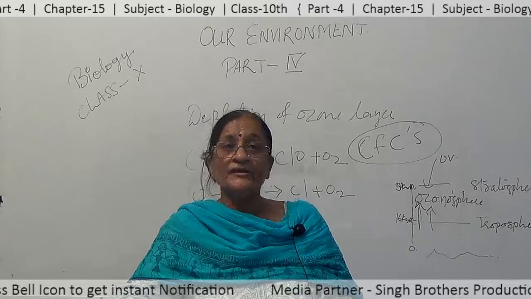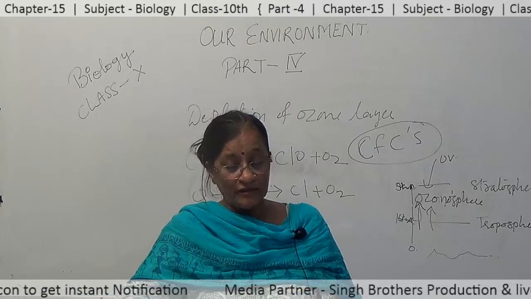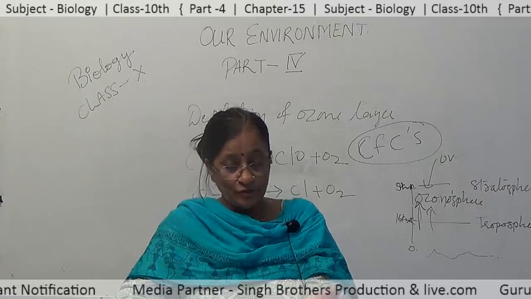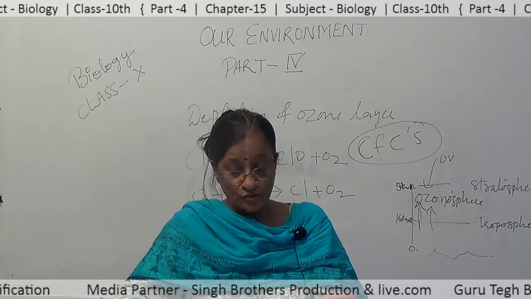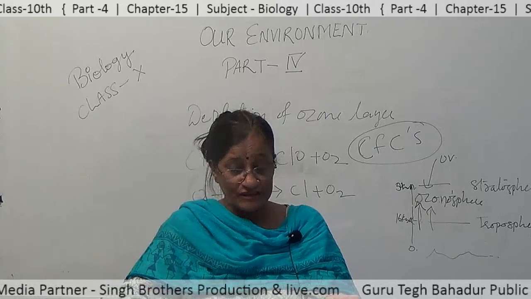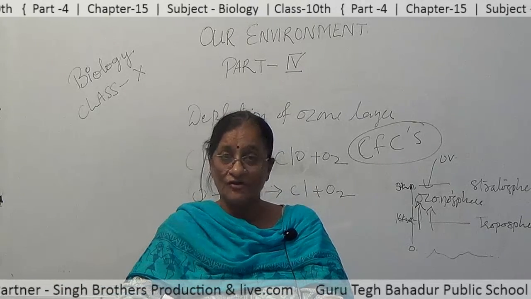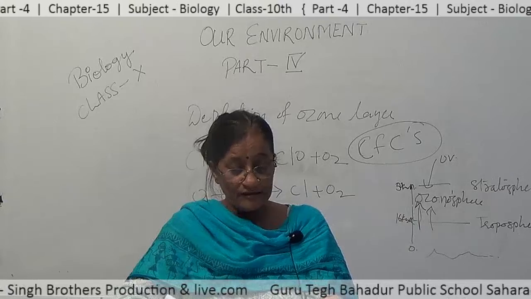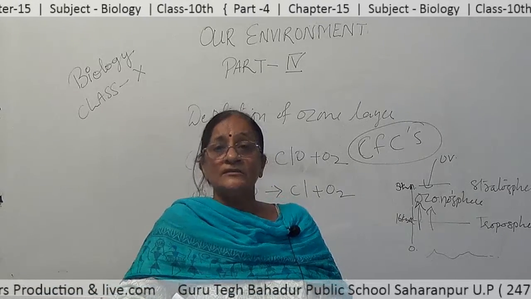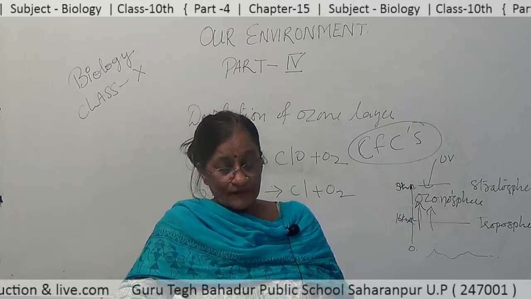The marine environment can also be damaged. It is seen that young fishes, shrimps, larvae of crab and other small animals are directly damaged due to this thinning of the ozone layer.